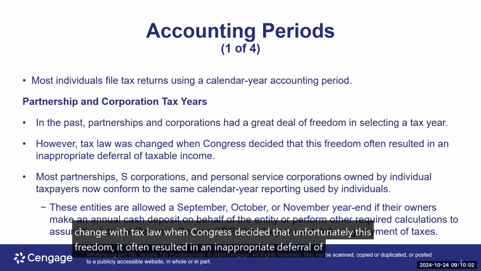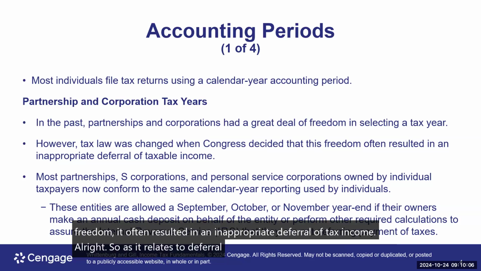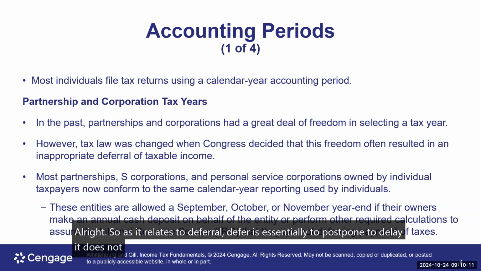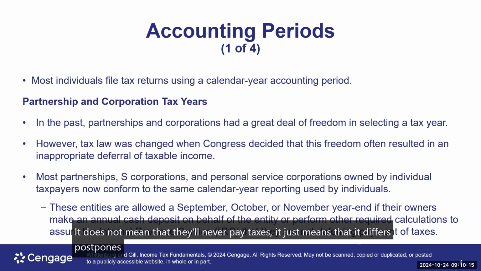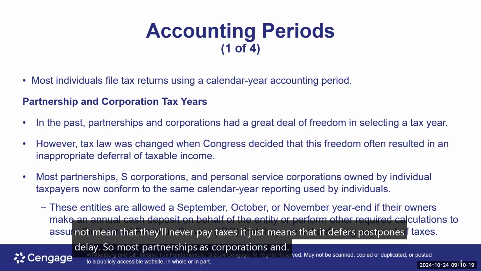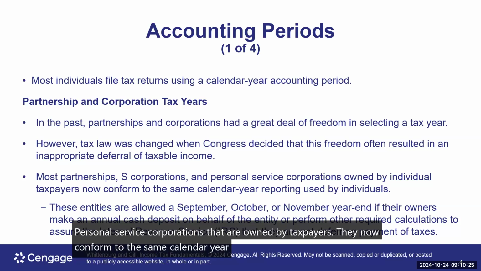All right, so as it relates to deferral, to defer is essentially to postpone, to delay. It does not mean that they'll never pay taxes. It just means that it defers, postpones, delays. So most partnerships, S corporations, and personal service corporations that are owned by taxpayers now conform to the same calendar year reporting used by individuals.